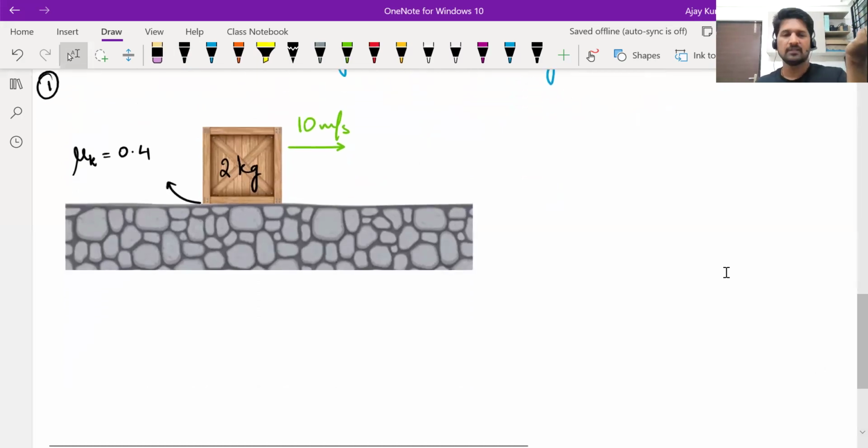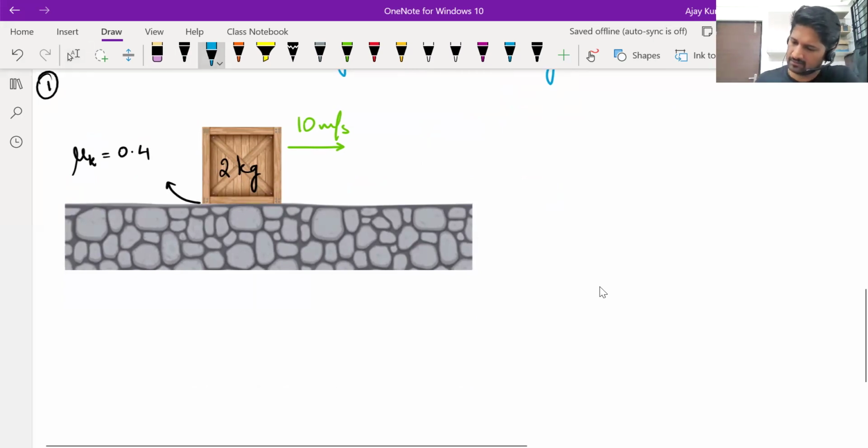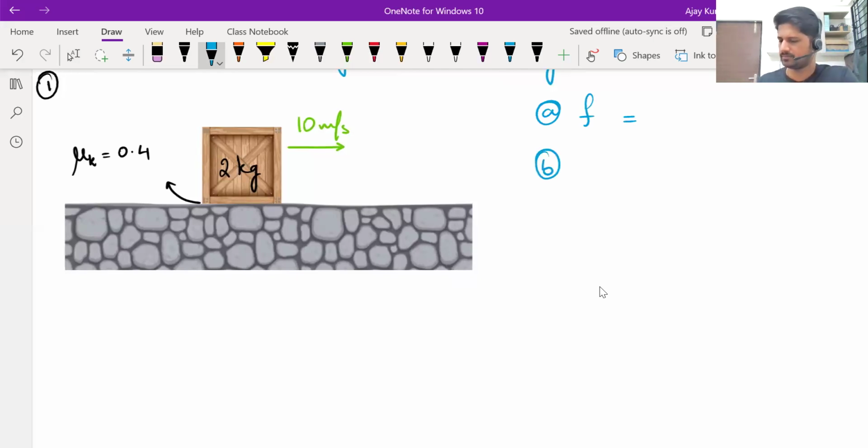Pawan, tell some questions based on this situation. Sir, friction. Okay, calculate the friction acting on the block, and then what can be calculated based on that? Sir, we can calculate normal force. For friction, you will have to calculate normal anyway. After that, anything about the motion of the block?